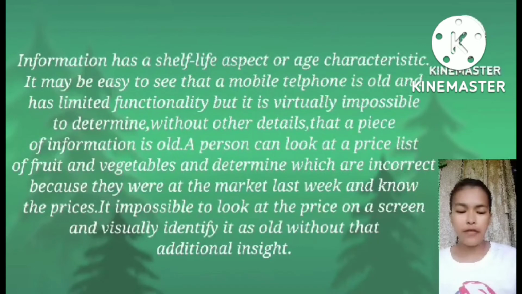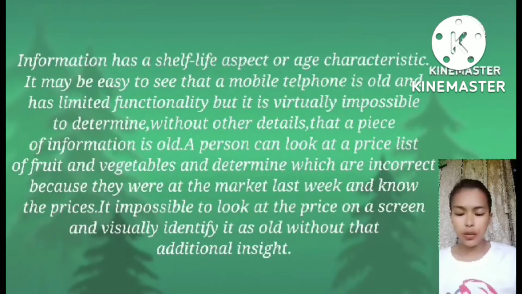Information has a shelf life aspect or age characteristics. It may be easy to see that a mobile telephone is old and has limited functionality, but it is virtually impossible to determine without the details that a piece of information is old.